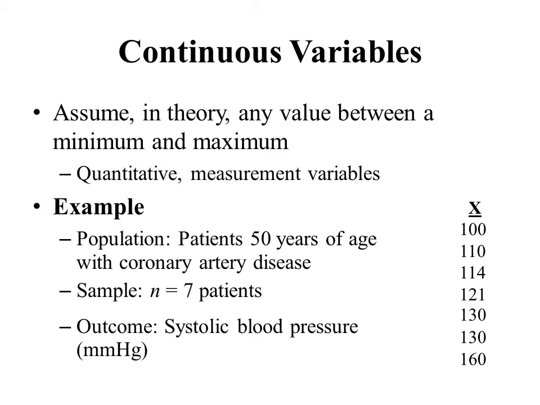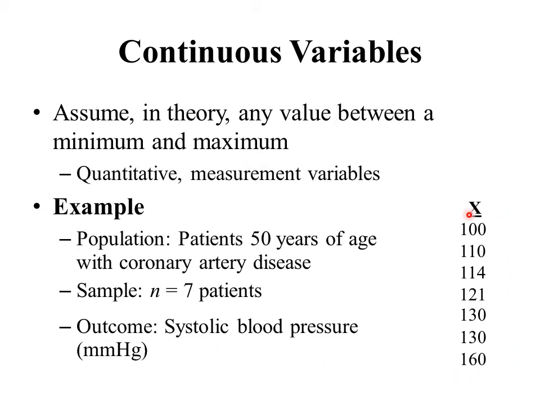This systolic blood pressure is a continuous random variable. It could, in principle, take on any value between some theoretical minimum and maximum. Now, the minimum, I guess, would be 0. What the maximum is, I don't know, but it's not terribly important.